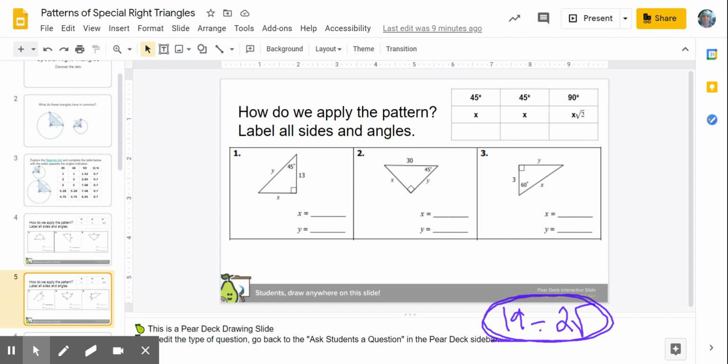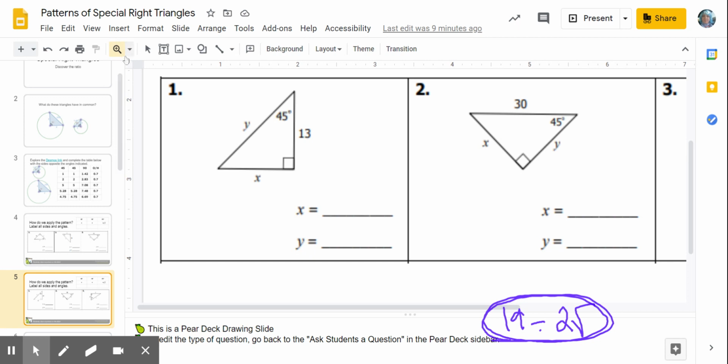So let's try these ones. Still, the two legs are going to be the same, and the hypotenuse is going to be that leg times the square root of 2. The idea here is this is a shortcut. So what do I know about triangle 1? 13, absolutely. William, I'm going to try sqrt in Desmos to see if I can do that shortcut.